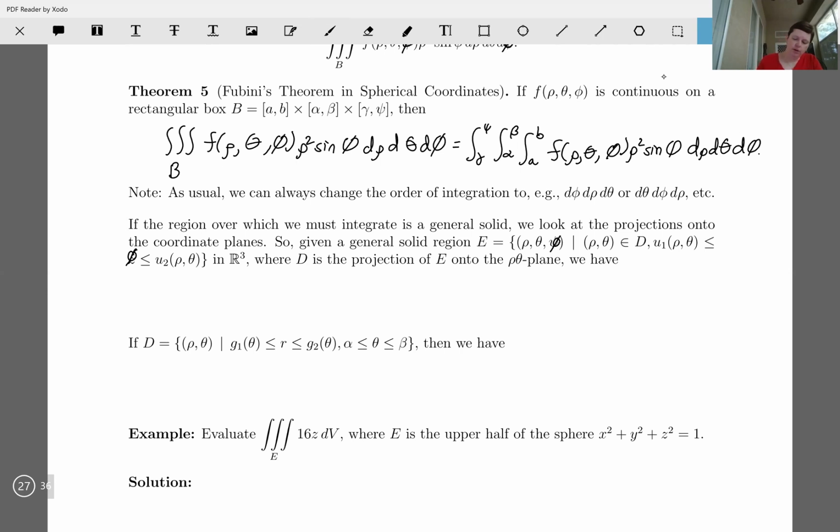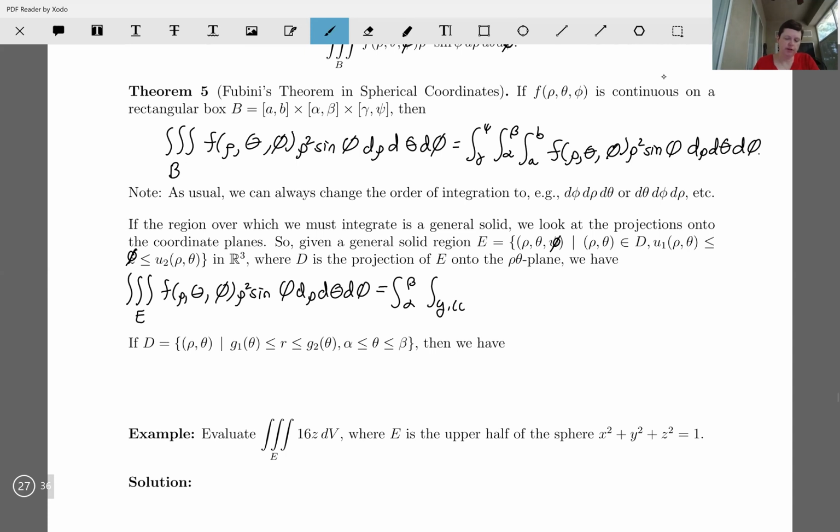And so we're going to have that the triple integral over our region of f of rho theta phi, rho squared sine phi d rho d theta d phi is going to be equal to the integral from alpha to beta, the integral from, let's say, g1 of theta to g2 of theta. No, that's not right. Sorry, I'm jumping ahead.